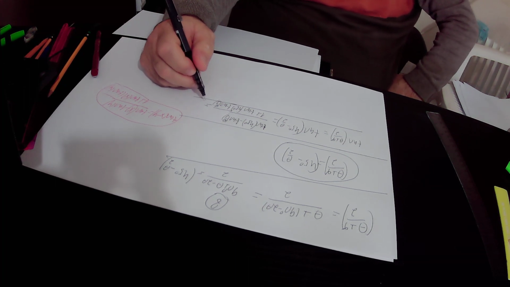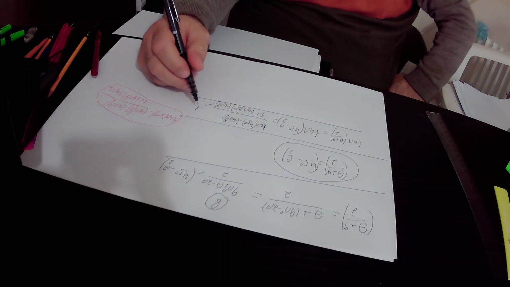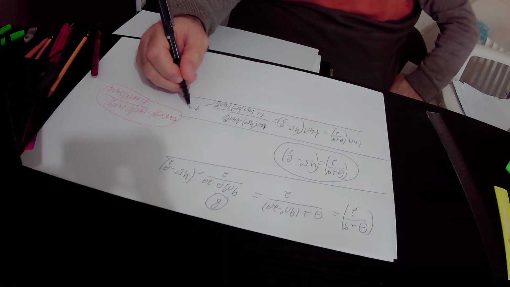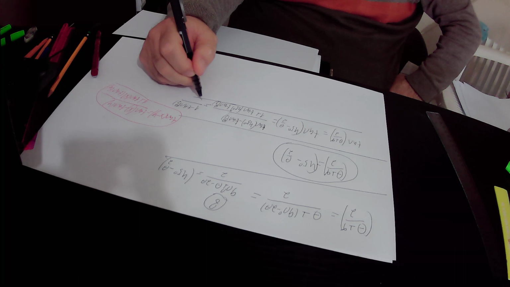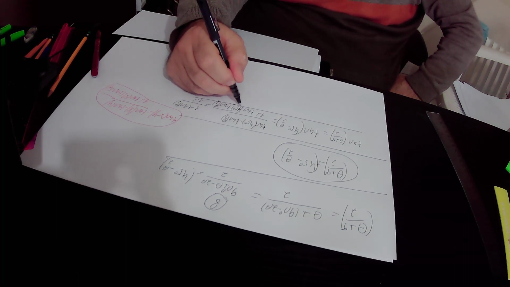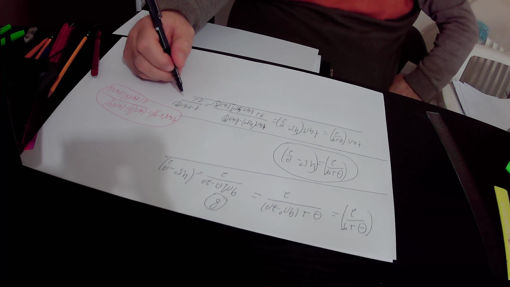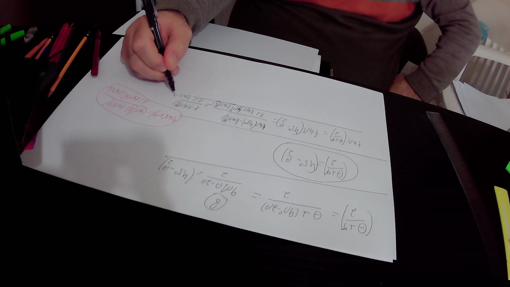And we know that tangent 45 degrees is equal to 1, so in the numerator we have 1 minus tangent theta over 2, and in the denominator we have 1 plus tangent 45 degrees, which is 1, so it is 1 plus tangent theta over 2.